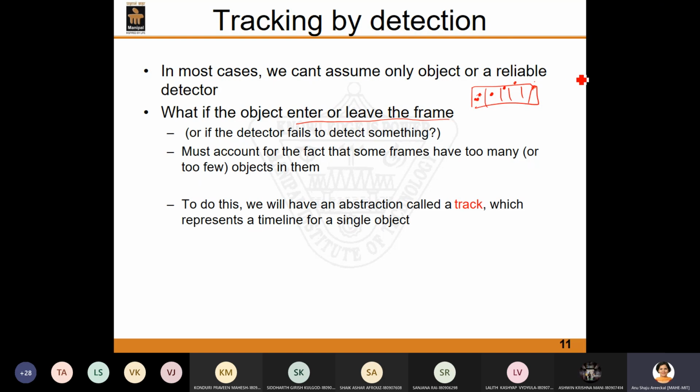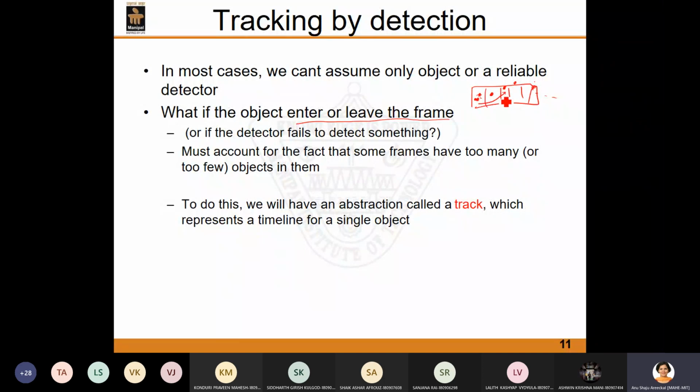So in such cases, what is done is, let's say till this frame you had the object. So you can track the movement or the trajectory over here. Now the object has left, so it's no longer in the frame, but when it comes back, you can start it off as a new trajectory and then continue with that.